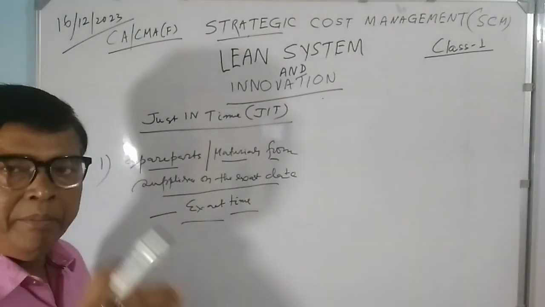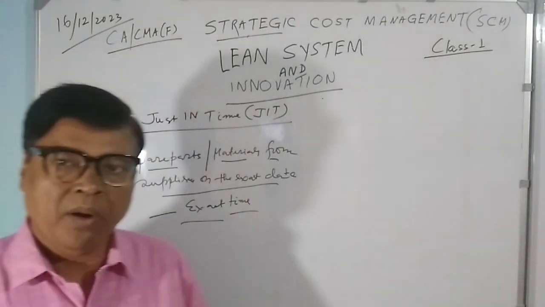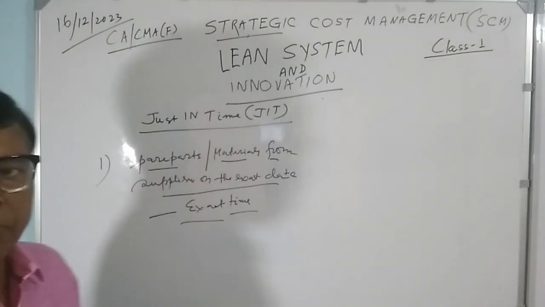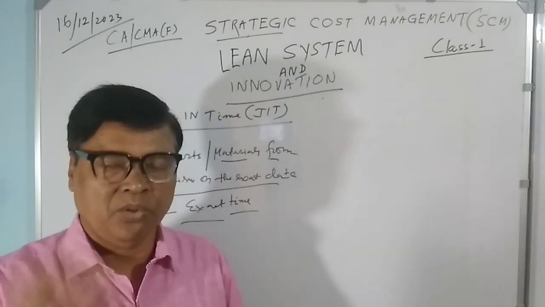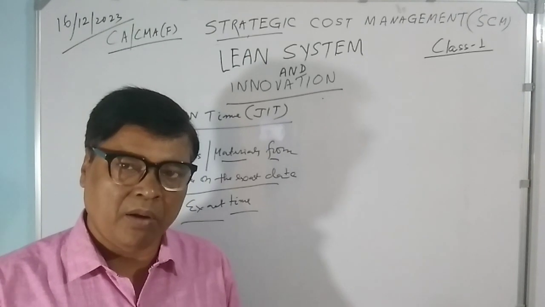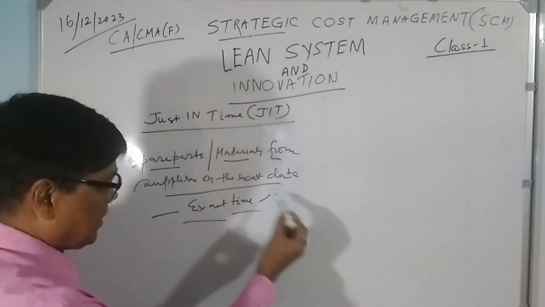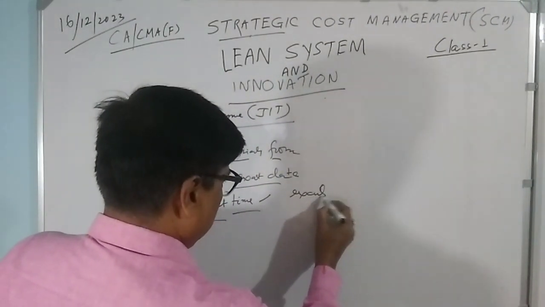How does this matter for your business process? Suppose you have placed the order for your spare parts or material with the suppliers. They will be telling, sir, some problem is there, we do not have this, that problem, please allow us 2 days time, like that. But no excuse under this just in time concept.